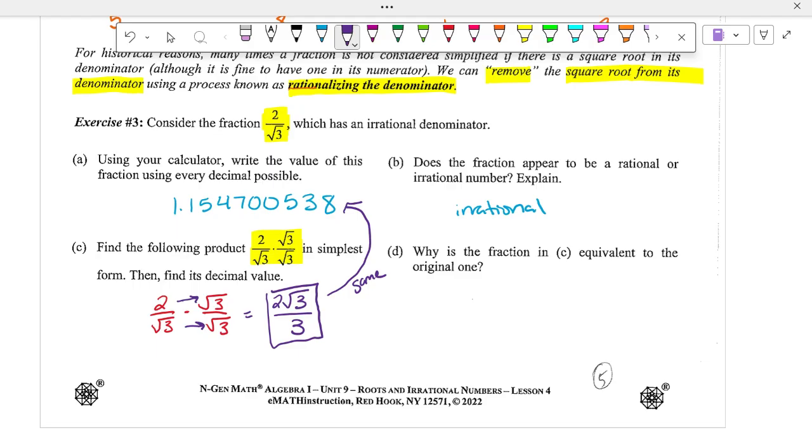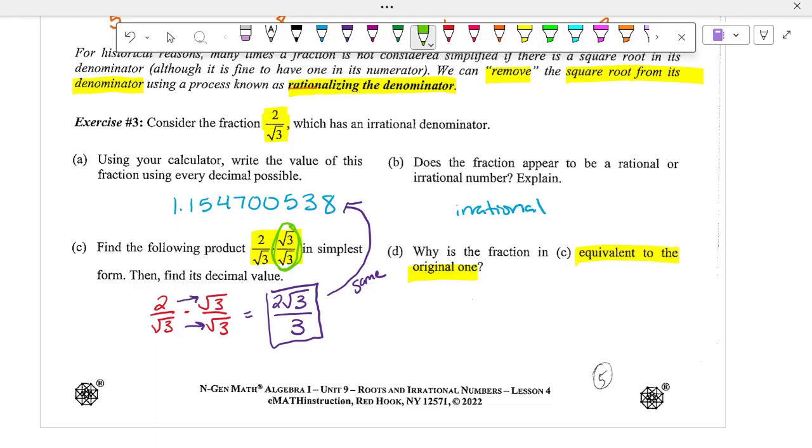Now again, why do you think that's true? So why is this fraction equivalent to the original one? I kind of already said it. Why is it true? What do we technically multiply to our 2 square root 3?